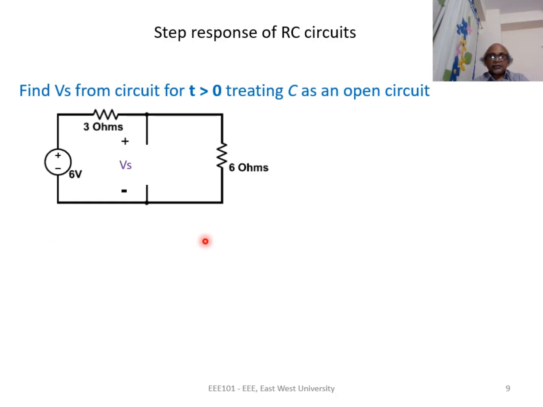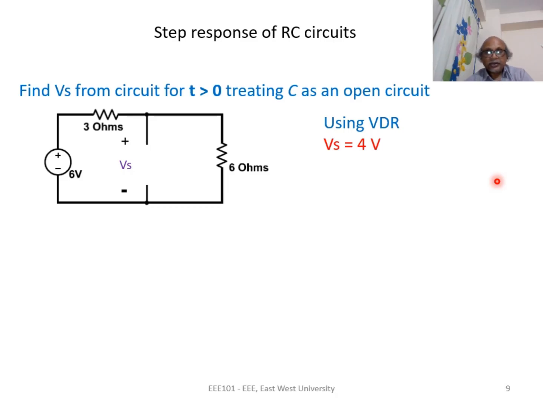We treat the capacitor as an open circuit, and the voltage across the open circuit is Vs, which is our final voltage. Vs can also be found from voltage divider rule. If we apply the voltage divider rule here, Vs turns out to be 4 volts.